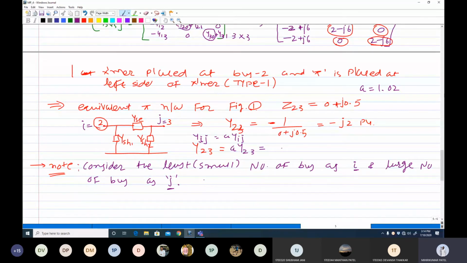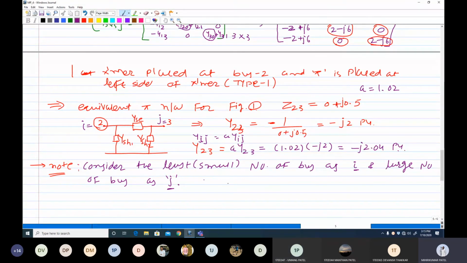So what is the answer? We have A is equal to 1.02 and Y23 is equal to minus j2. So the final answer is minus j2.04 per unit.